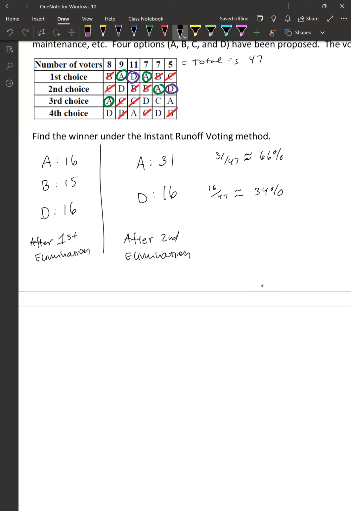We already knew that A would have the majority, although I guess it's possible that with only 2 candidates, if they happened to have the same number of votes, then no one would have a majority. But the difference between these numbers of votes is big enough that we definitely knew A was winning. So we say that option A wins.